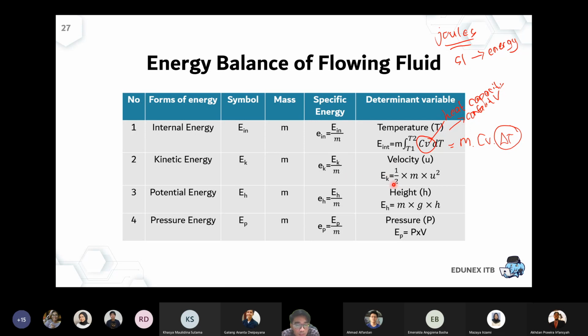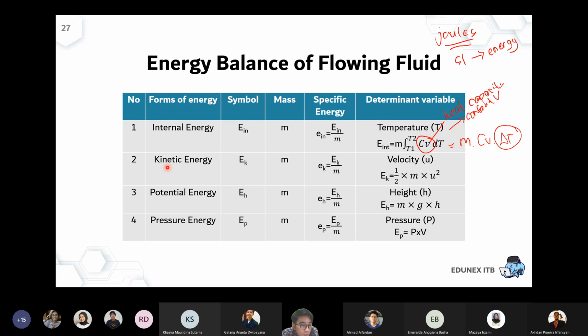It will be this one, half times mass times the square of the velocity. The unit for this energy is the same, joules. It means if during the flow the velocity remains constant, then the kinetic energy is constant. There is no change in kinetic energy.